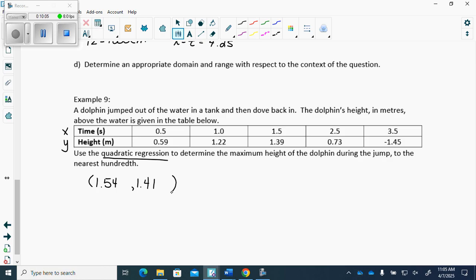Did you not get that? Quadratic. Did you get the same thing as this or not? Did you give me the x or the y? You got 1.5.